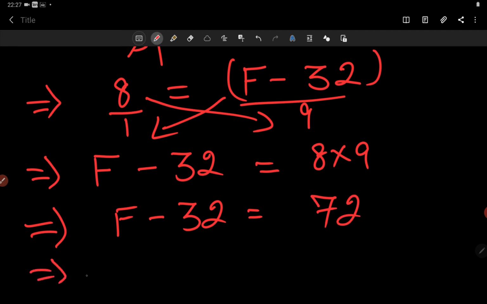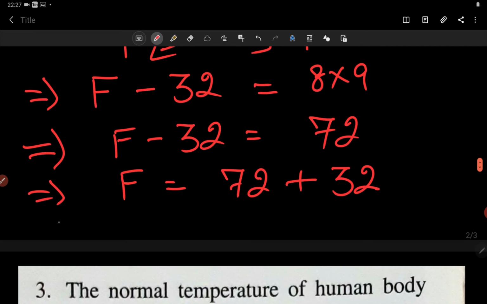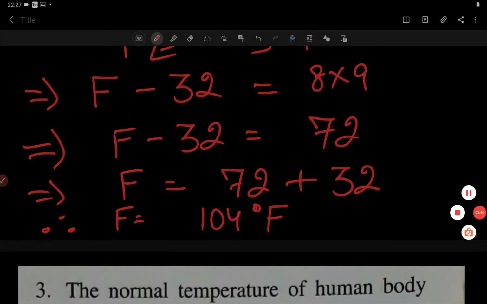Now I can write F equals 72 plus 32, right? So finally, F equals 104 degree Fahrenheit.